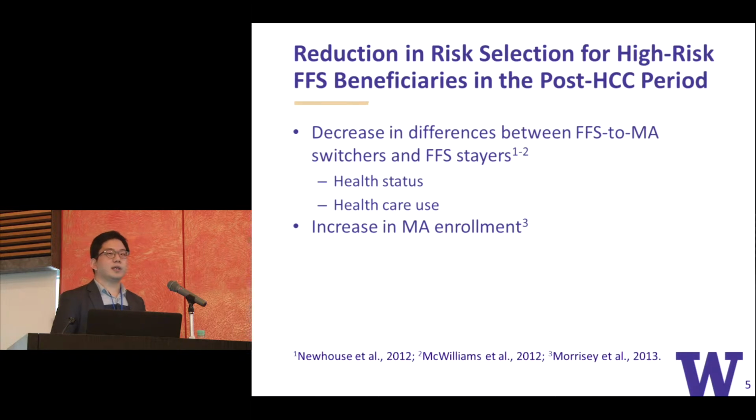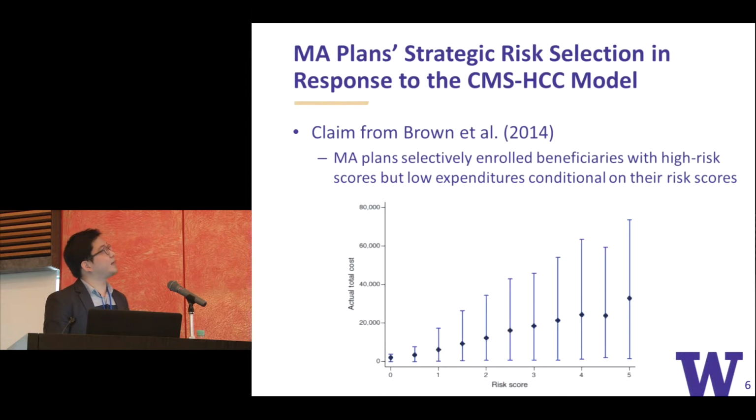As a result, enrollment into MA plans largely increased. But some papers argue that MA plans might change their risk selection strategy in response to the CMS-HCC Model. And they found that it actually happened.